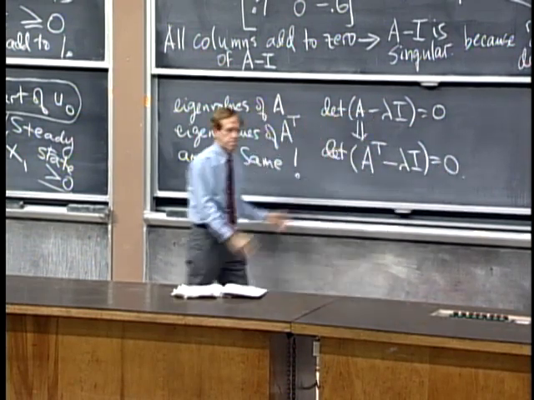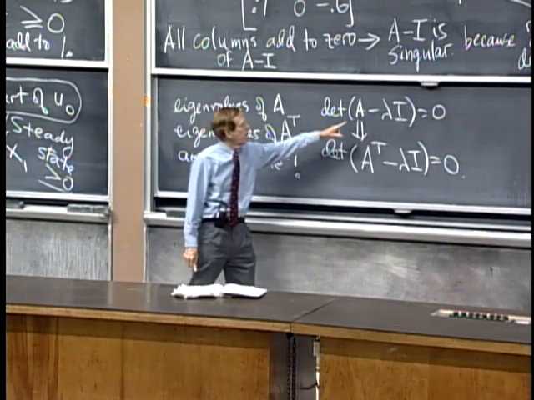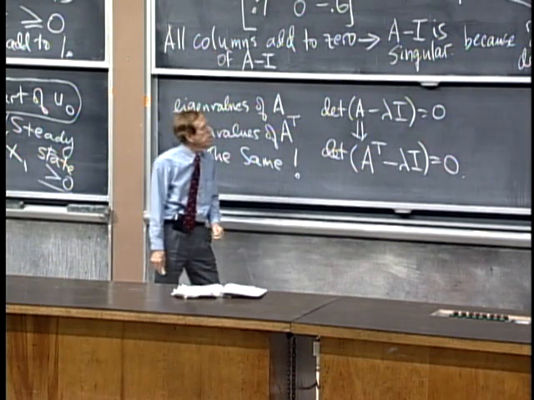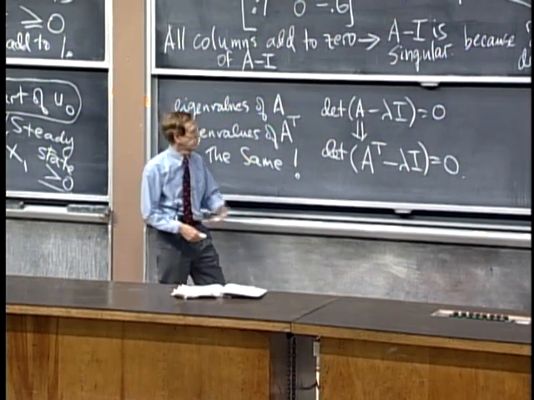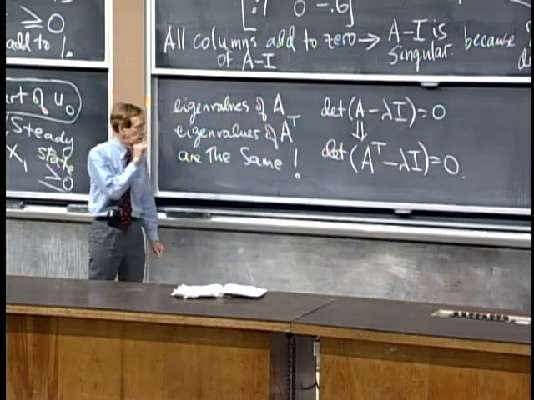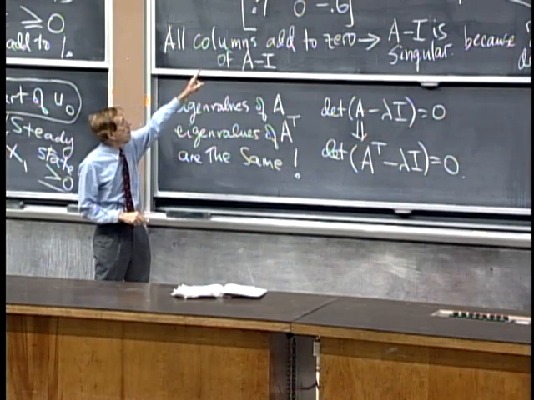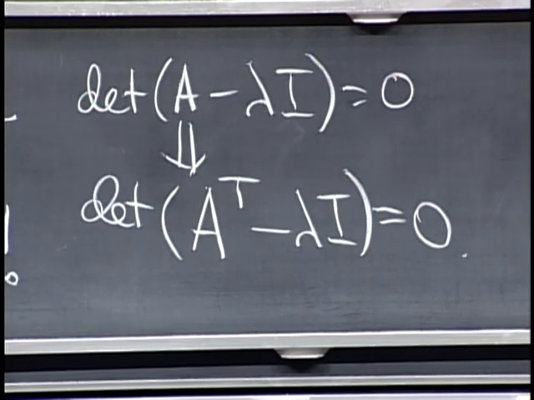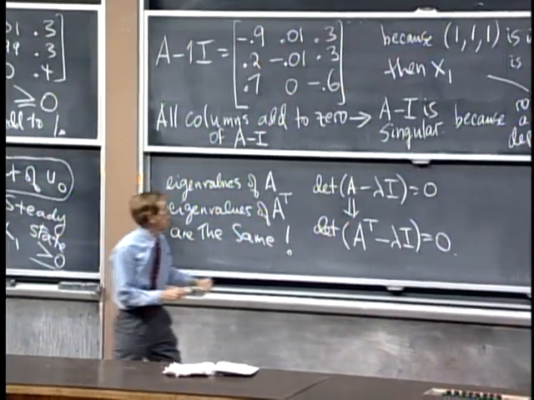So that's all there was to the reasoning. The reasoning is that the eigenvalues of A solve that equation. The determinant of a matrix is the determinant of its transpose. So that gives me this equation, and that tells me that the same lambdas are eigenvalues of A transpose. So, backing up to the Markov case, 1 is an eigenvalue of A transpose, and we actually found its eigenvector, 1, 1, 1.